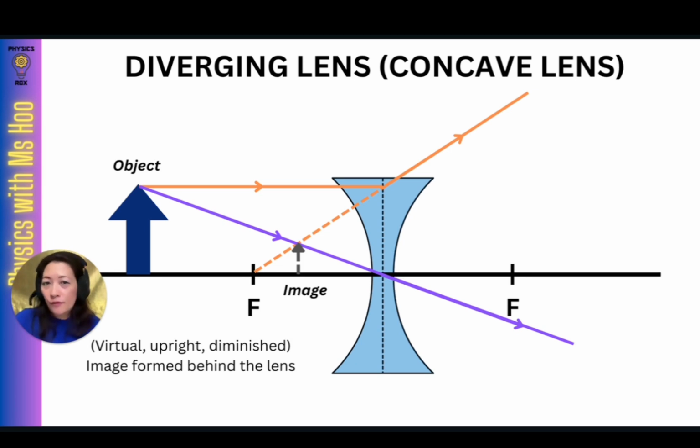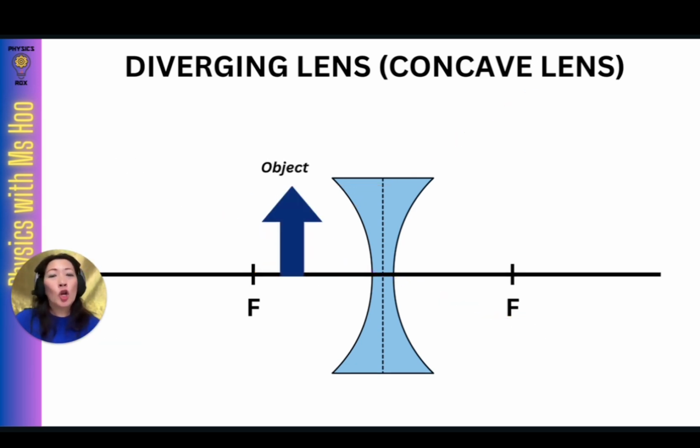Just to prove this to you, we're going to draw it again, but this time with the object placed closer to the lens, at a position less than f, less than the focal length of the lens. Again, we'll draw the same 2 ray paths. The first ray path is a light ray that's parallel to the principal axis and diverges away from the principal focus or focus point. The second light ray will travel through the optical center.